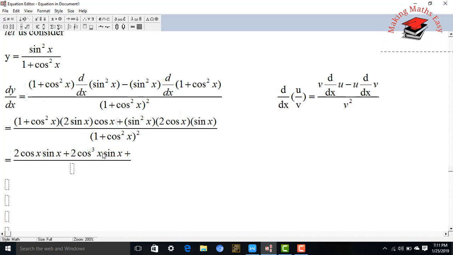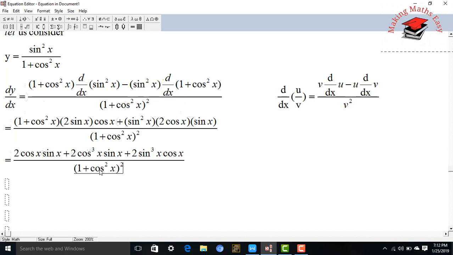Then again plus 2 sin cube x into cos x, divided by this function.